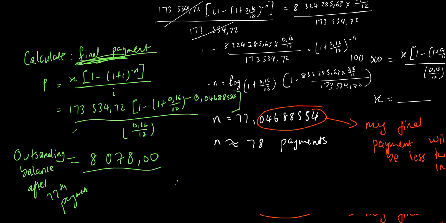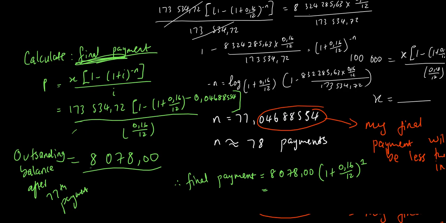So therefore the final payment will be, just take that 8,078 and grow it by a month, just 1 month. Always do that. Just grow it by a month to get the final payment.